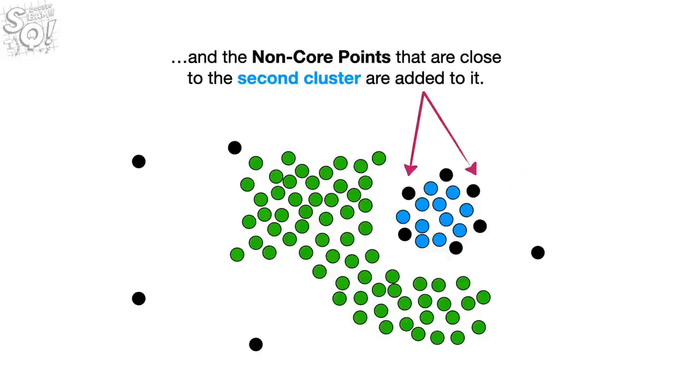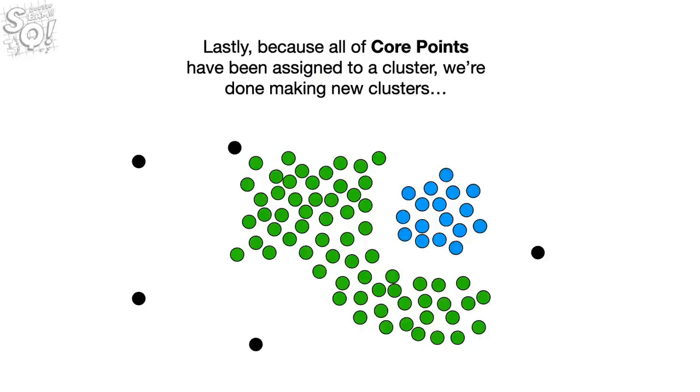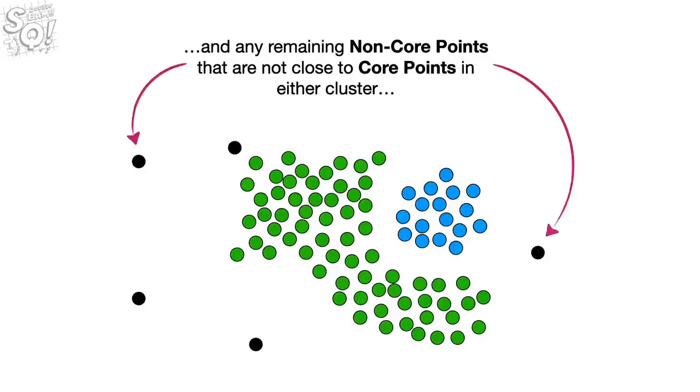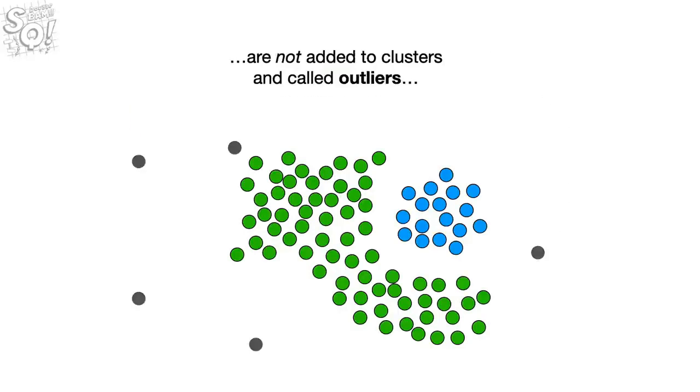And the non-core points that are close to the second cluster are added to it. Lastly, because all of the core points have been assigned to a cluster, we're done making new clusters. And any remaining non-core points that are not close to core points in either cluster are not added to clusters and called outliers. And that is how the DBSCAN algorithm works.